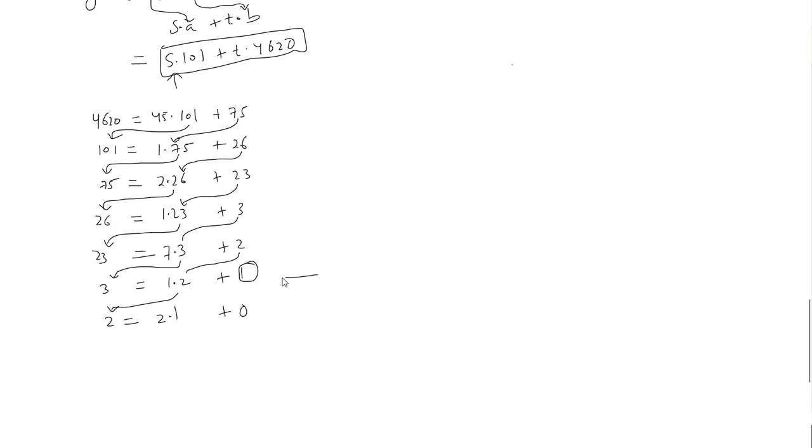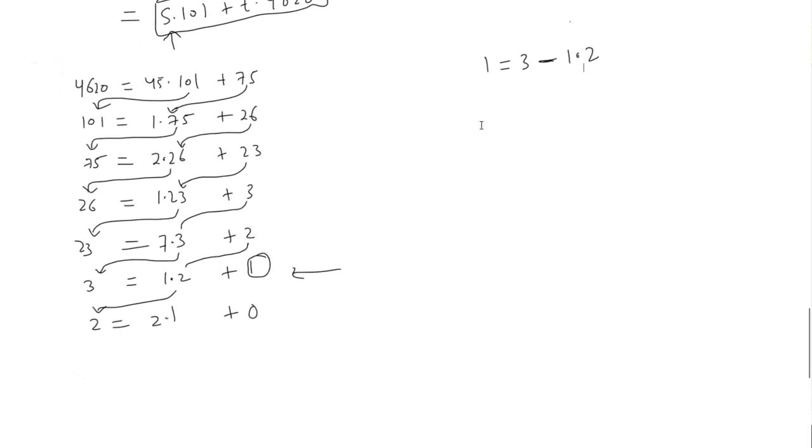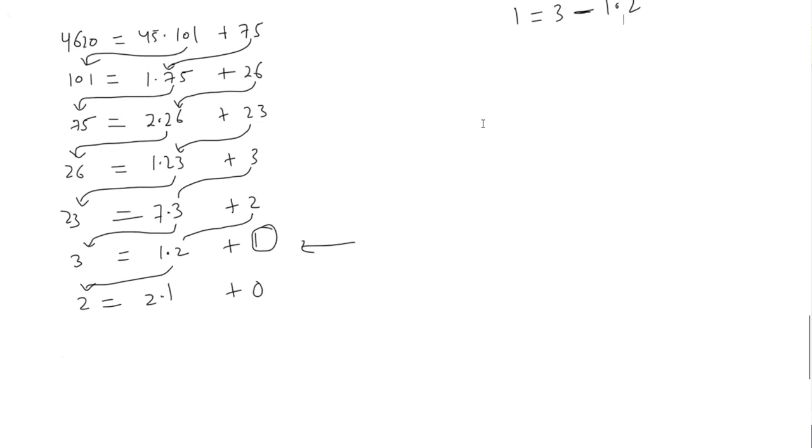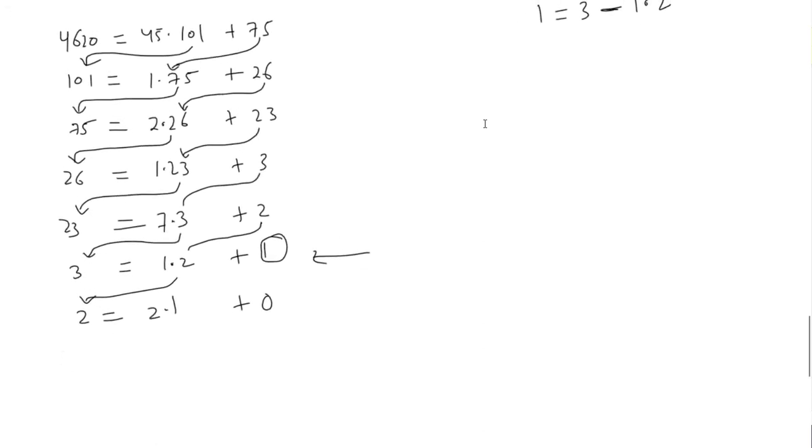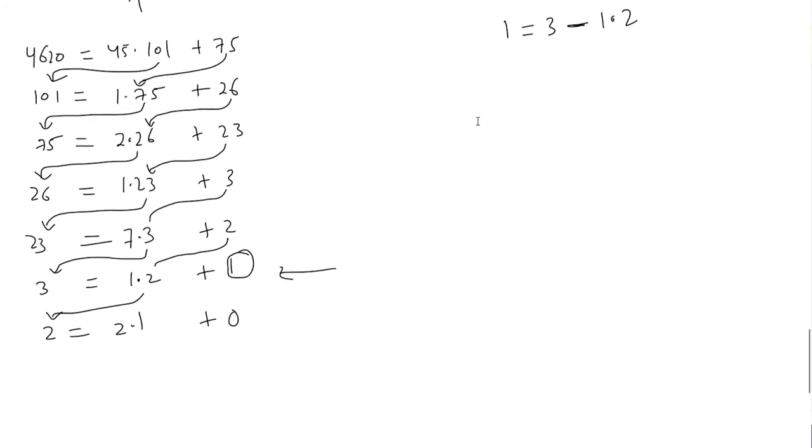So using this equation, we'll get 1 is equal to 3 minus 1 times 2. Let me zoom in a bit. One is equal to 3 minus 1 times 2.